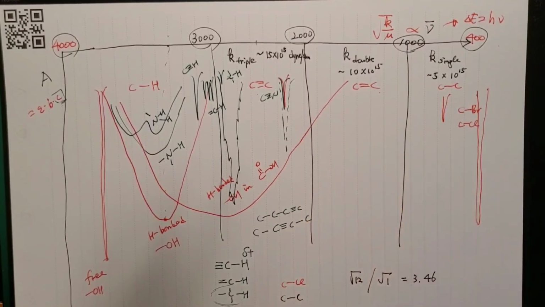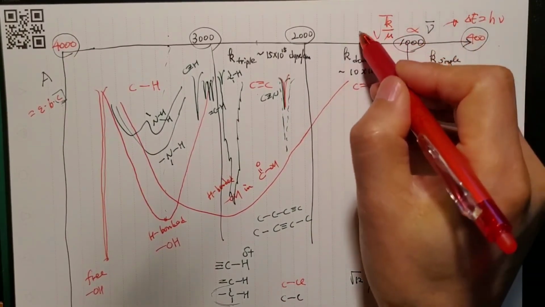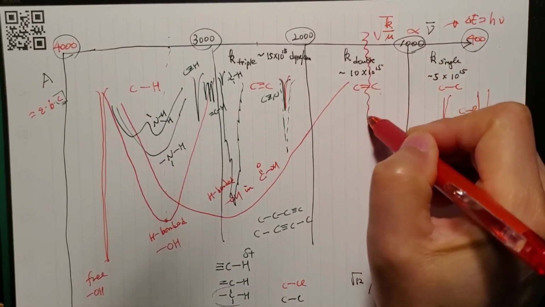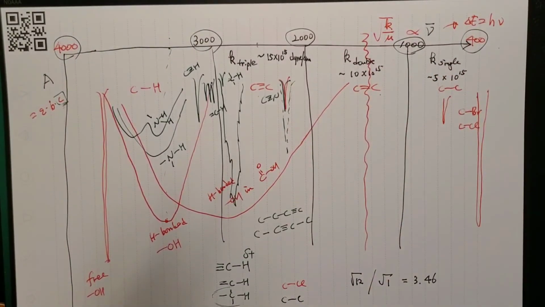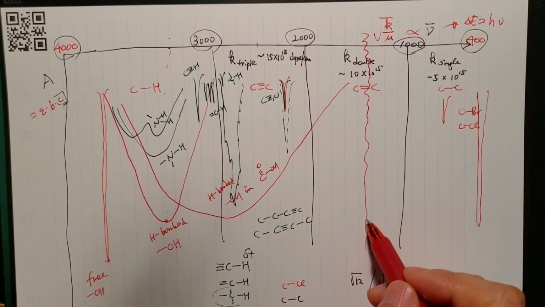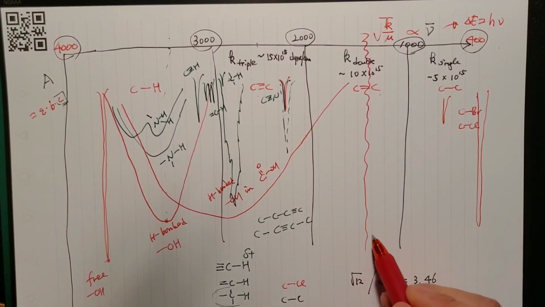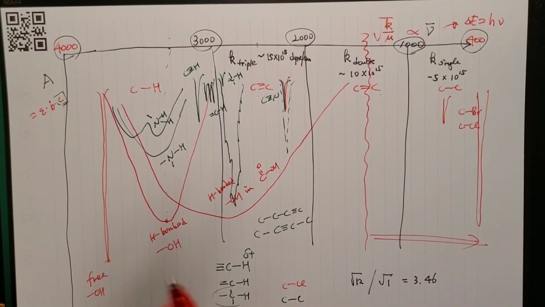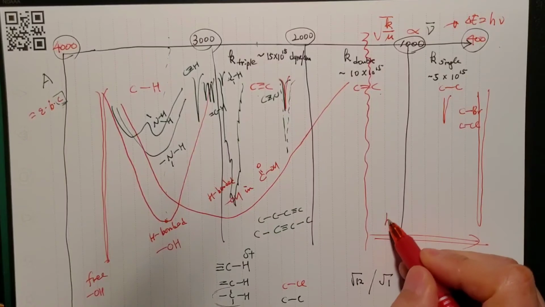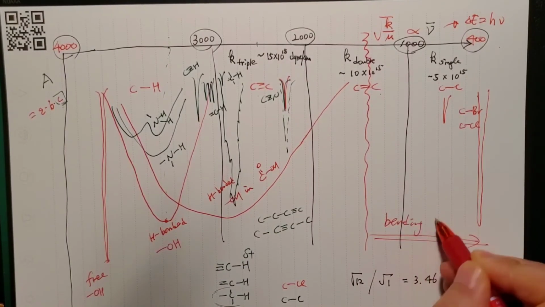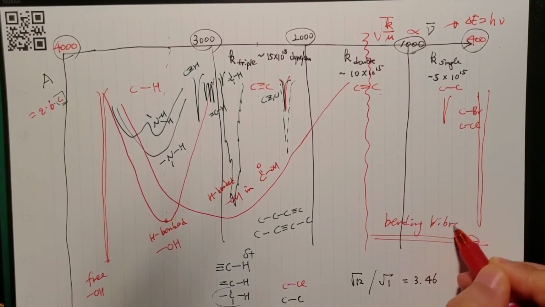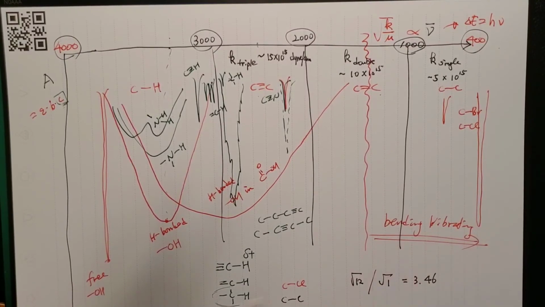Coming to this block for the double bond, you have to be careful, because I mentioned earlier, around the middle, 1450, that's when you start to have bending vibrations. So everything below here, you run the risk of mixing up with the bending vibration signals.